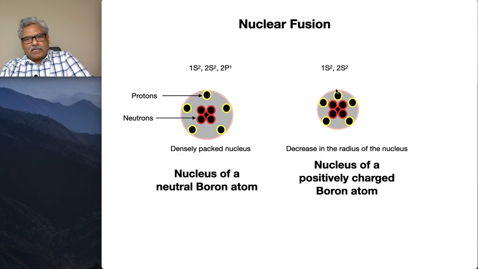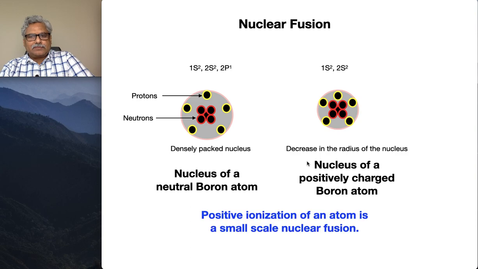In that case, these nucleons will pull towards the center, and the radius of the nucleus will decrease. That is what a positive ionization of an atom is: a small scale nuclear fusion. Basically, nucleons come closer when you positively ionize an atom.